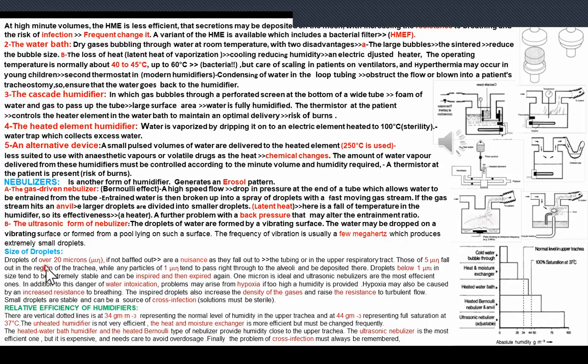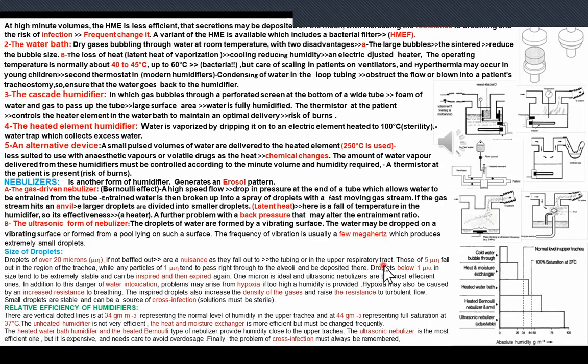The size of droplets of humidifiers ranges from 20 to less than 1 micrometer. Of course, 20 microns is large enough to be kept in large airways, and it's a nuisance. That means that it's a trouble maker, you see. So this is not a good size.